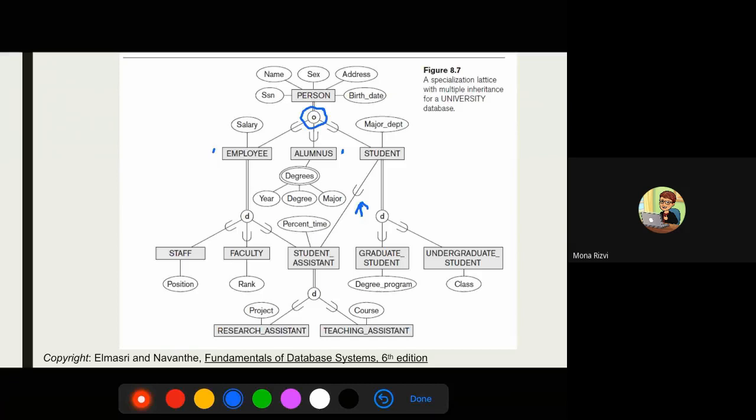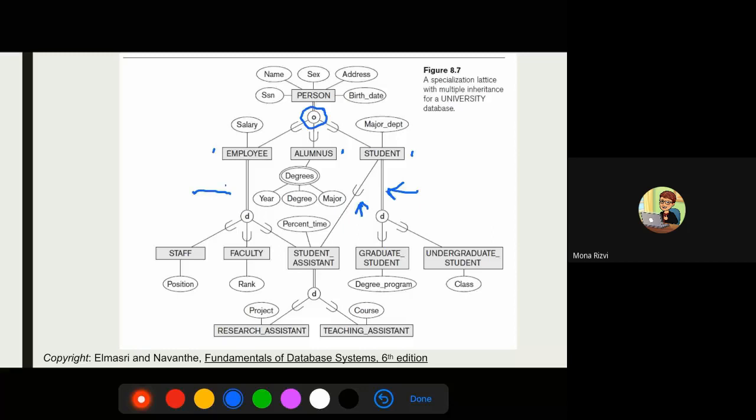And then we can go down the line. We can see that students fall into two categories. And this one is total, because a student is either a graduate student or an undergraduate student. There's no other choice in this university. And on the other side, we see that there's three kinds of employees: faculty, staff, and student assistants.